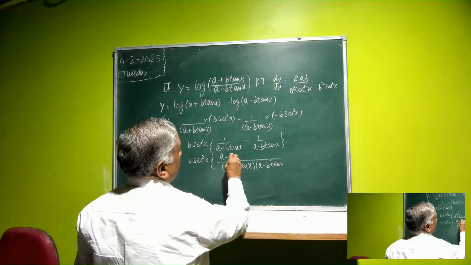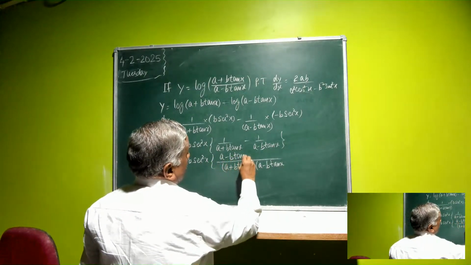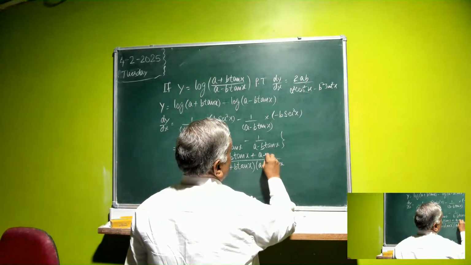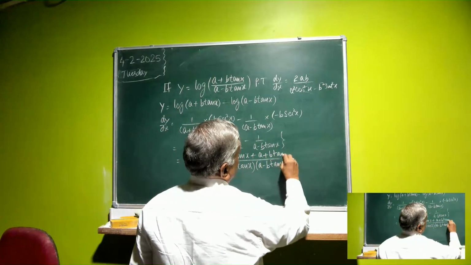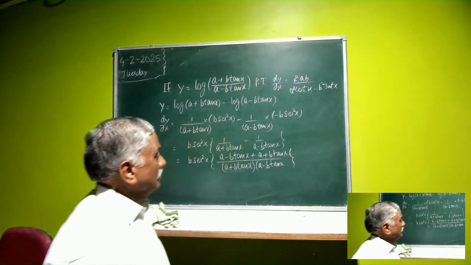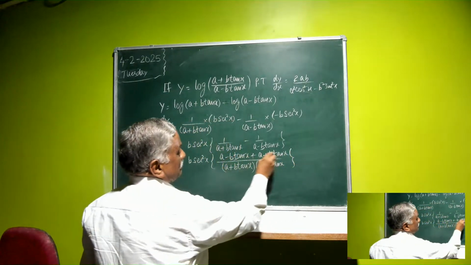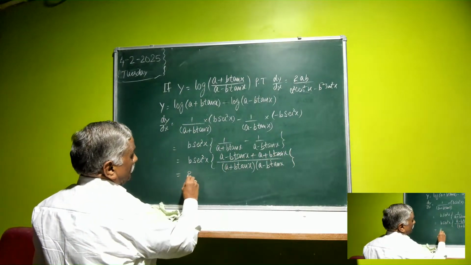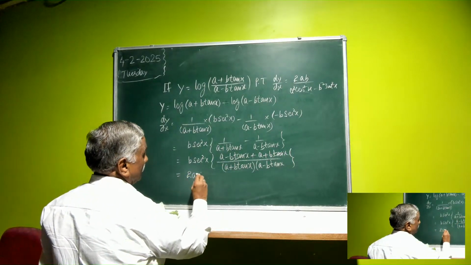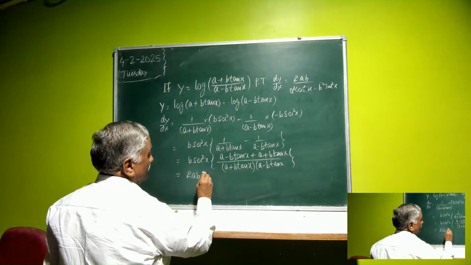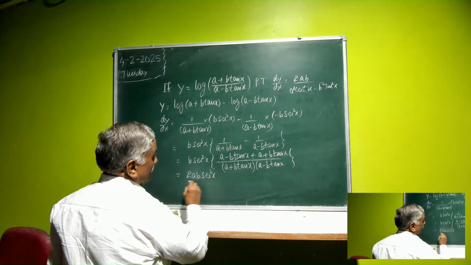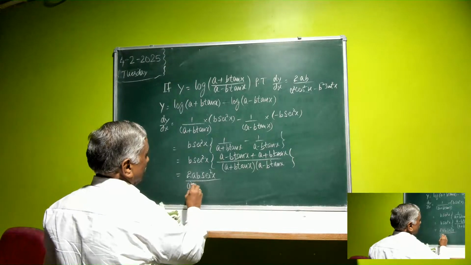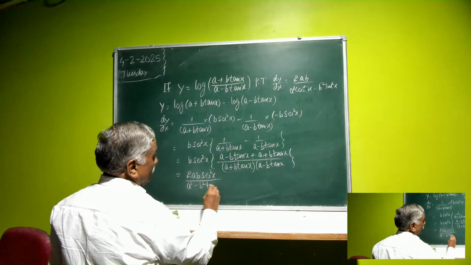You get a minus b tan x plus a plus b tan x. So plus b tan x and minus b tan x will cancel. You get 2ab secant square x over a square minus b square tan square x.